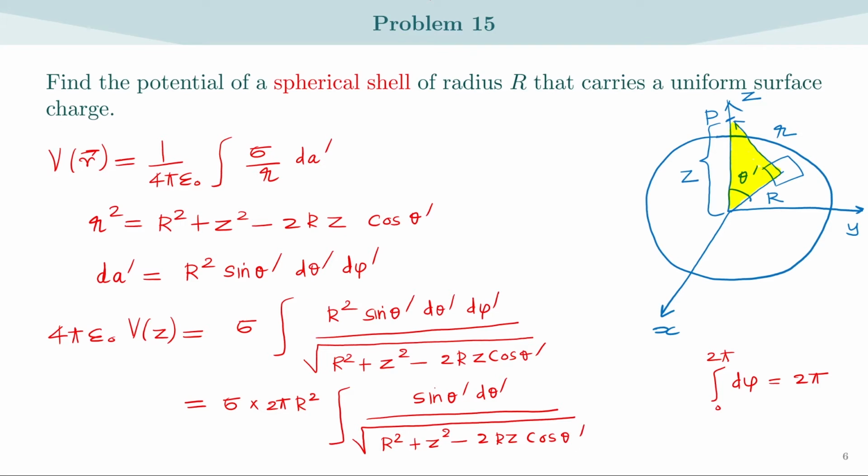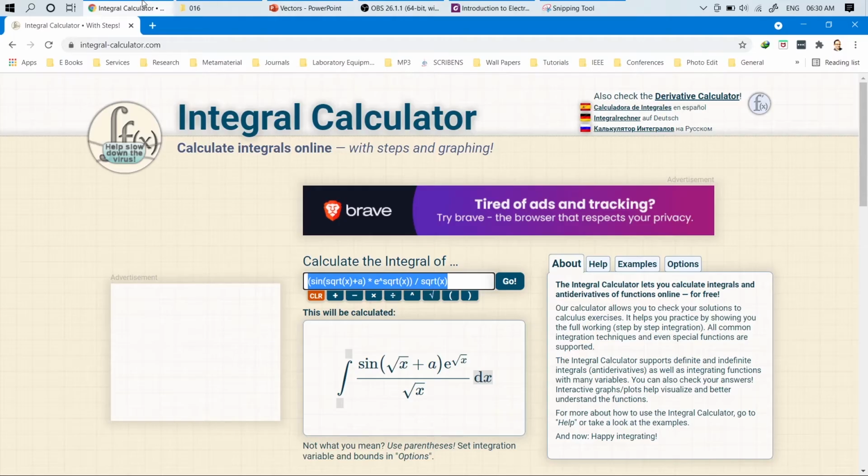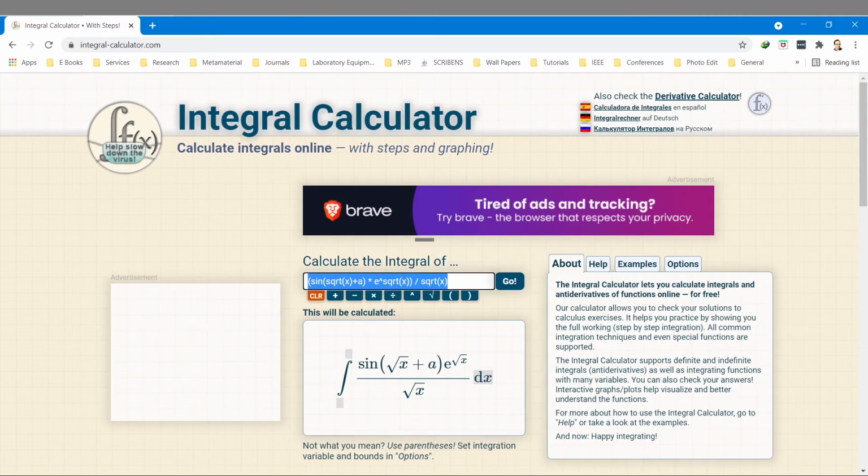Calculating this integral may seem a little bit difficult. To know how this could be done, I recommend going to the website integral-calculator.com.